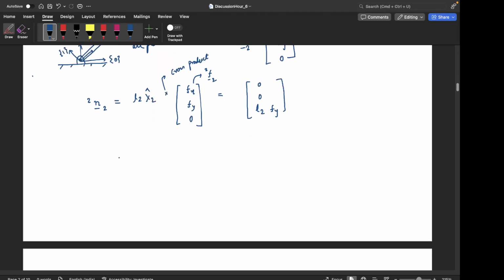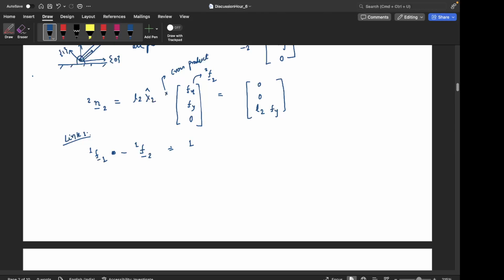Now we come on to link 1. So firstly, the force on link 1 expressed in the first frame should be minus the force on 2 expressed in the first frame.